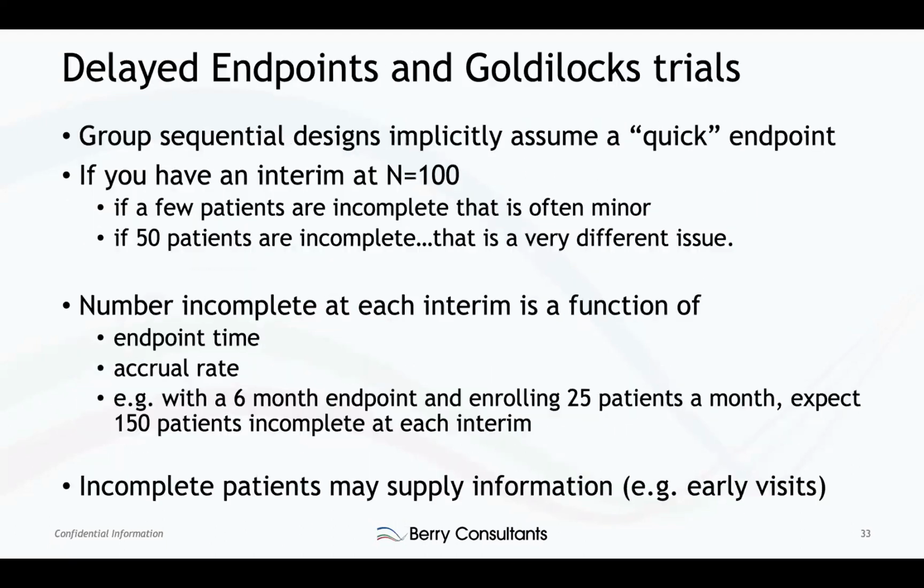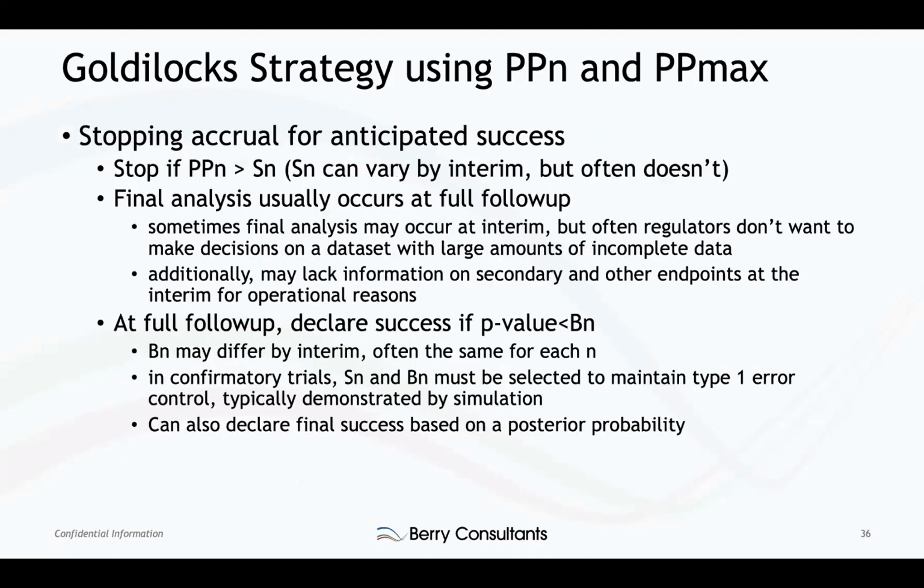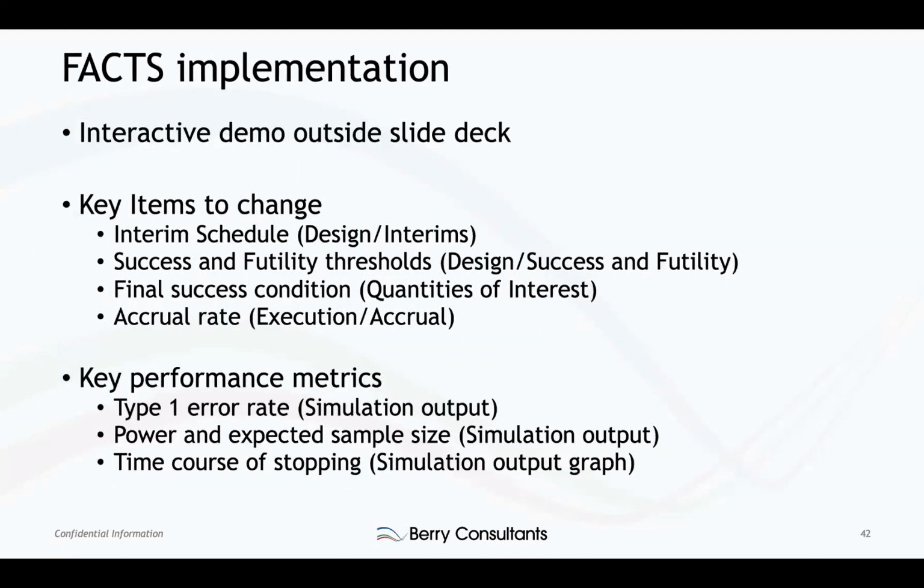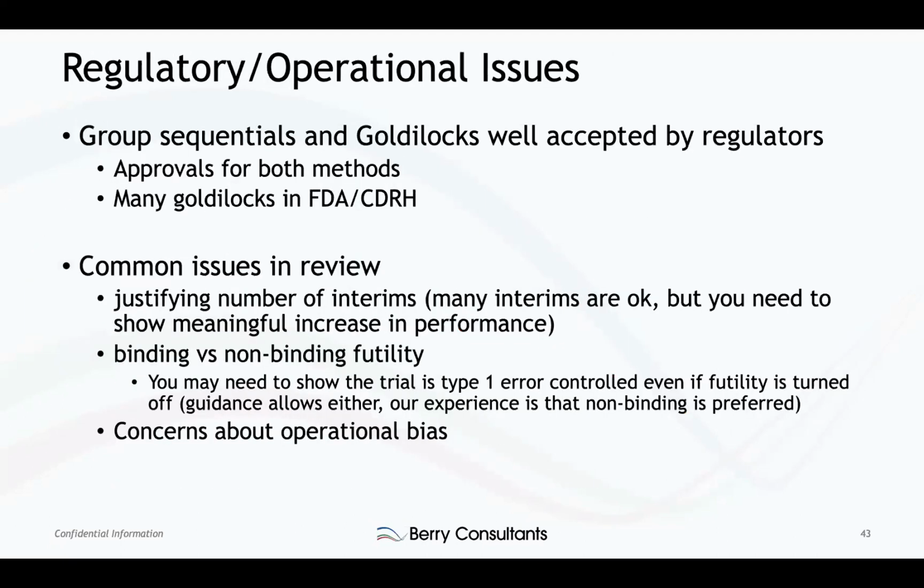So let me cover, I think I've actually covered a lot of the regulatory. A lot of it came out in the questions. So as I said, Goldilocks, group sequentials, these are all things that are well accepted by regulators. In our future talks in the webinar series, we'll talk more about some details. The only issue that we tend to run into in review is to justify the number of interims.